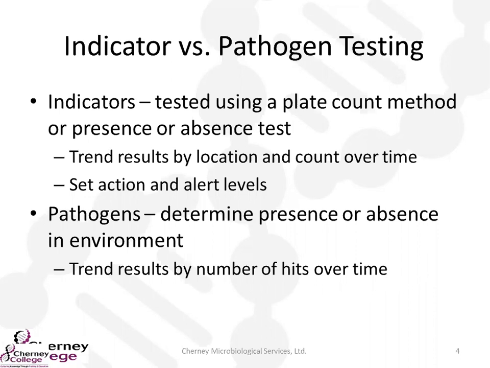Similar in the environment, we may see that pathogen present. The nice thing with the environmental monitoring that we talked about last time was that it still gives us a proactive approach to be able to look at where we've seen pathogens in the past and take care of them in the environment before they ever get to our product. So to answer that original question, both of these are going to play a very key role in our testing programs, both in the environment and our product.